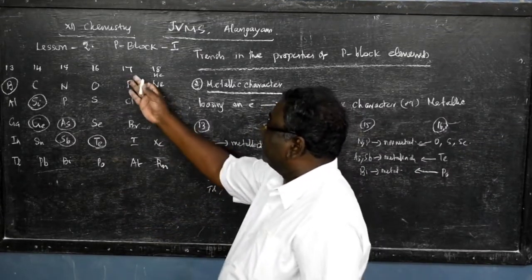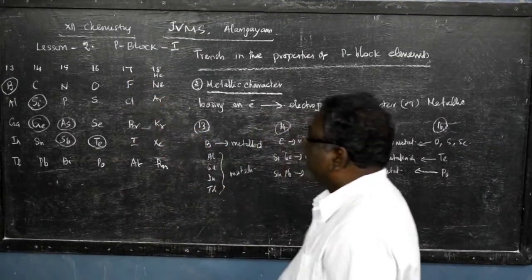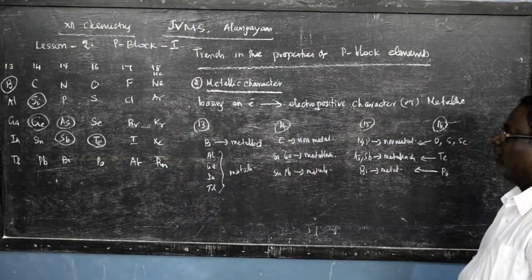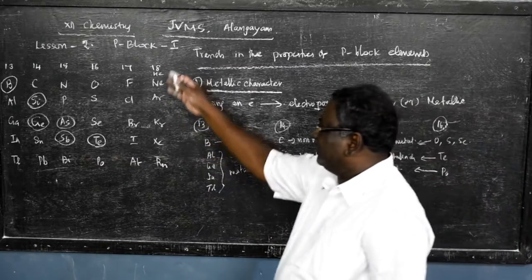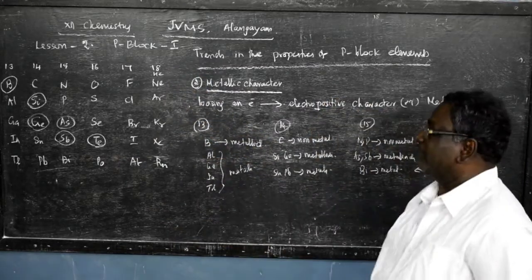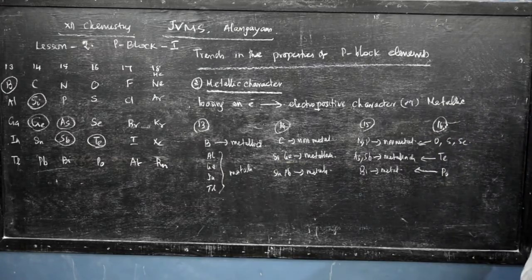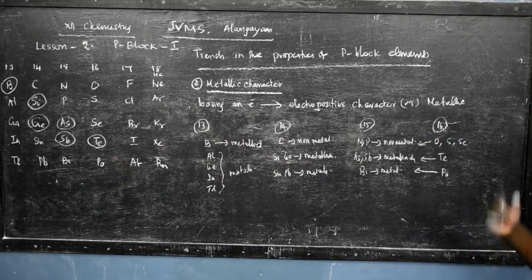If you take the 17th group, all of them are non-metals: fluorine, chlorine, bromine, iodine, astatine. Even the 18th group is completely non-metals. There is no metallic property at all in the 17th and 18th groups because of the electronic configuration.